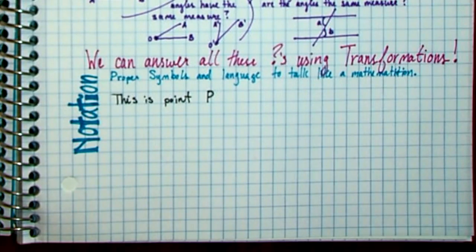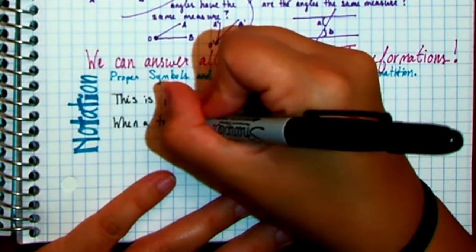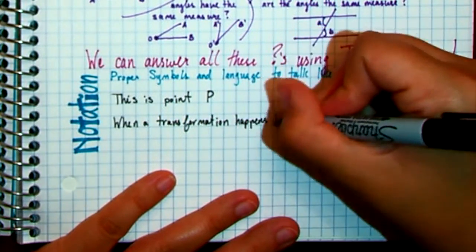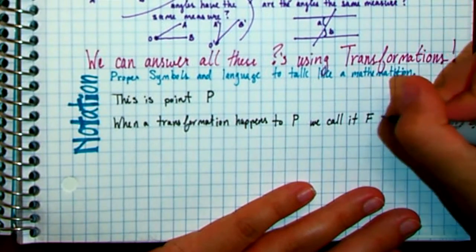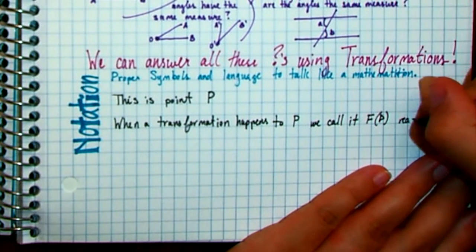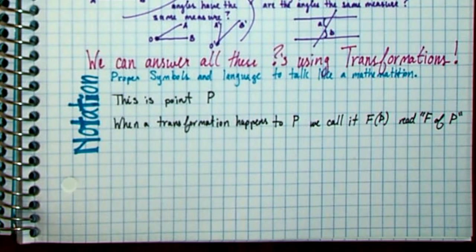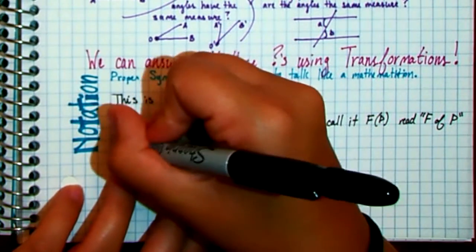The first notation we need when we're talking about transformations is a point P. Anytime we have a point, we want to label it A, B, C, D, whatever letter we come up with, but we want to make sure that it has a label because when we transform that point, we call it the function of P or f of P. That means that we are doing something to that point P to change it.